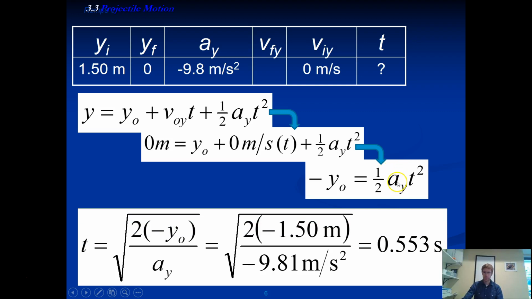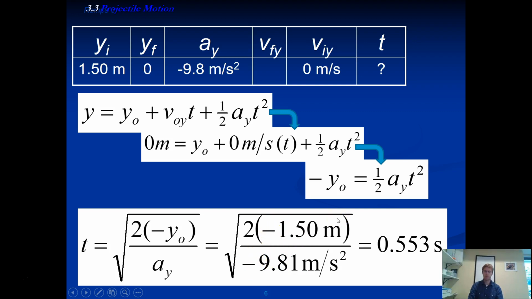So to solve for this, I multiply both sides by 2, so then I get 2 times negative y initial, and then I divide by my acceleration to put it on the other side. And since you have time squared, to get rid of the squared, as you guys have told me before, you take the square root of both sides. So the time equals the square root of 2 times our height divided by gravity, but the height is negative because it's falling down and the gravity is also negative.